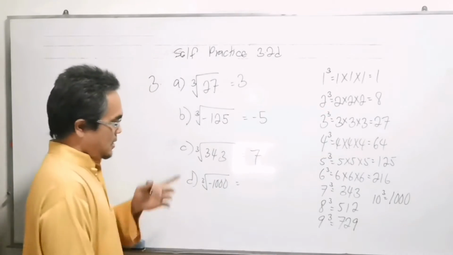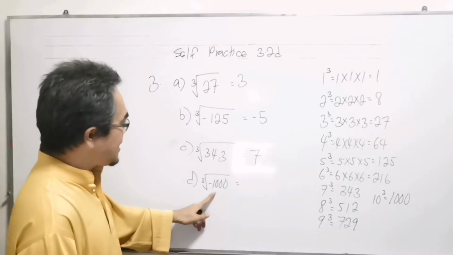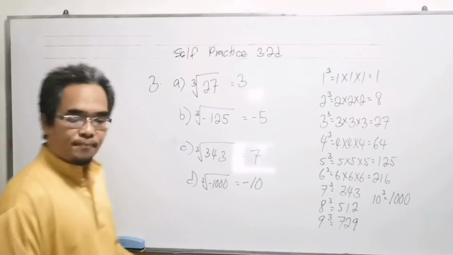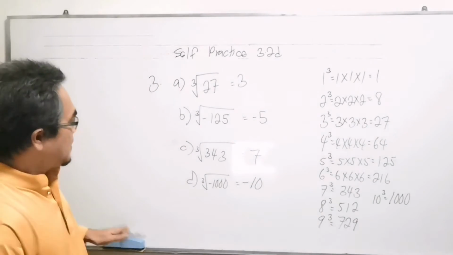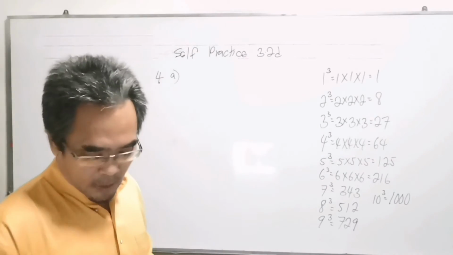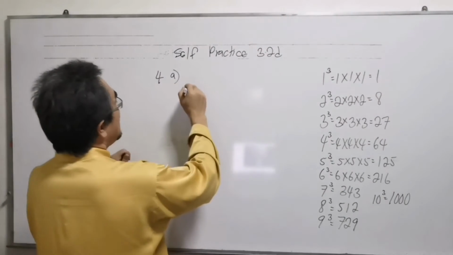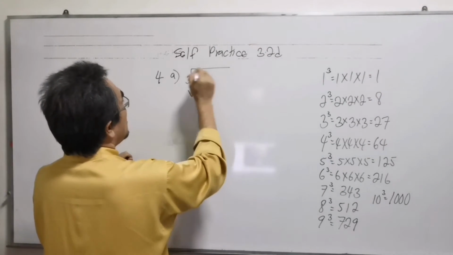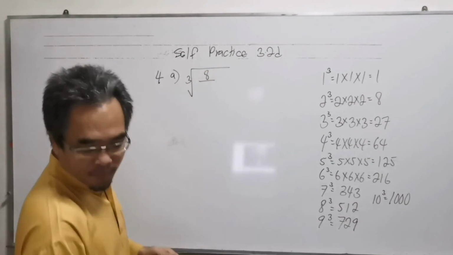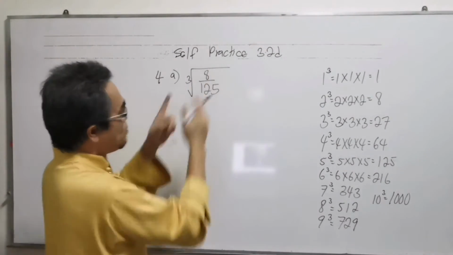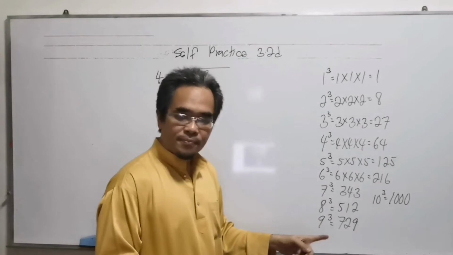If the question is negative, the answer is also negative. Okay, so let me continue. Look at 4A, which is the cube root of 8 over 125. So both of the numbers are here.